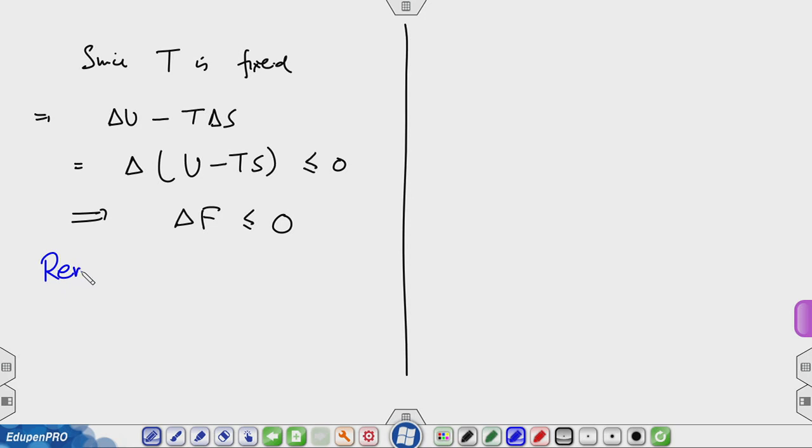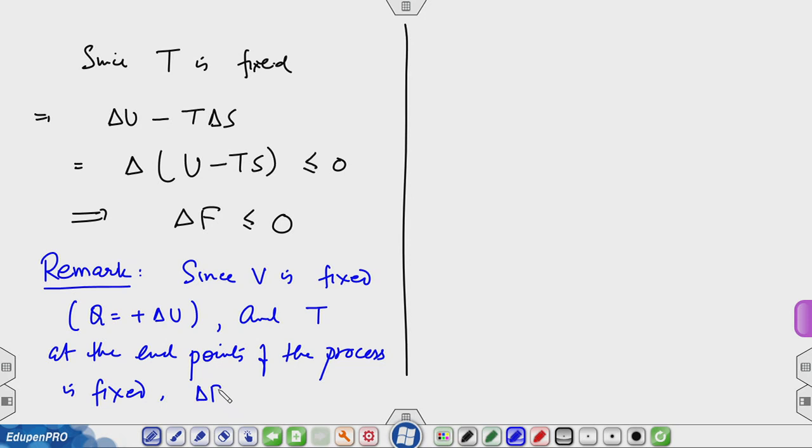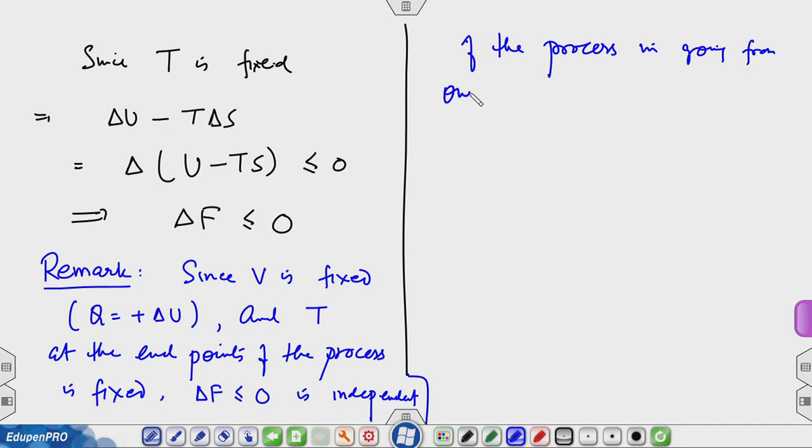Now, remark. Since V is fixed, that's why we took Q to be equal to plus delta U, and T at the endpoints of the process is fixed, delta F less than or equal to 0 is independent of the process in going from one state to the other.